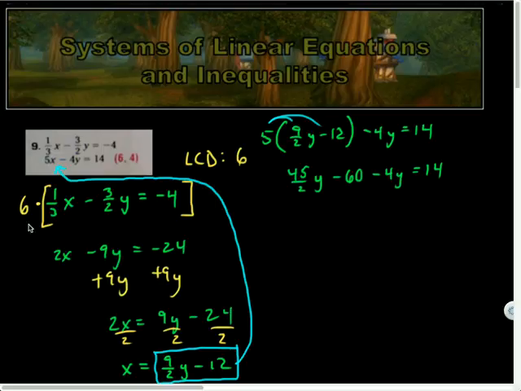So I've got to combine some like terms here. I've got 45 halves y, which is like 22.5, and I've got negative 4y. In order to combine those, I'm going to find a common denominator. So I'd have to multiply this one by 2 over 2, I believe, right?